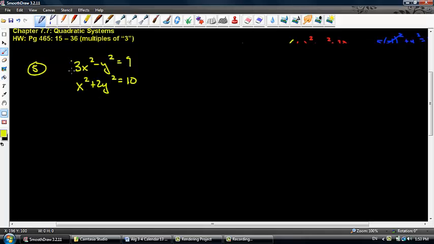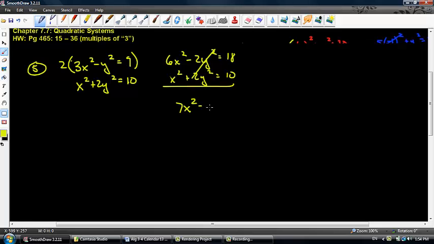Okay, just like last time, I'm going to go ahead and multiply the top by 2, so I get 6x squared minus 2y squared equals 18. I get x squared plus 2y squared equals 10. Those are gone. I get 7x squared equals 28. x squared equals 4. x equals plus or minus 2.